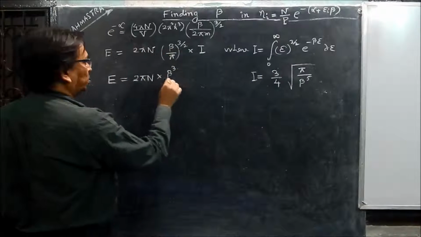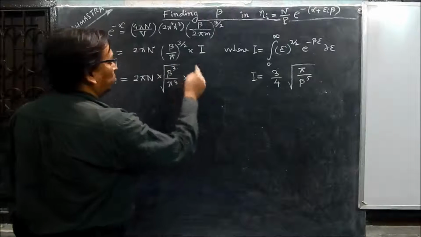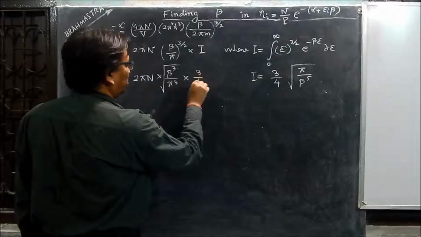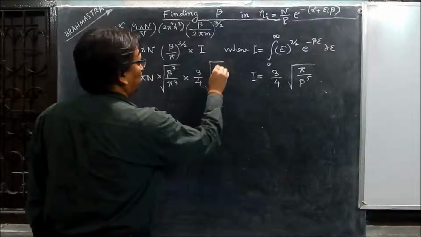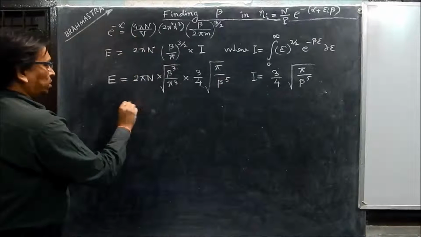So square root of this into the integral, which is 3 by 4, and this is also root under pi by beta to the power 5.